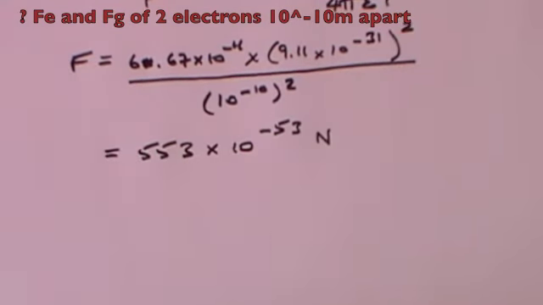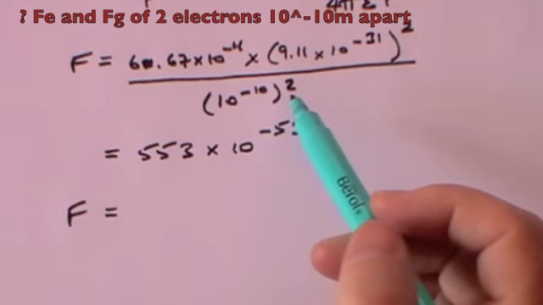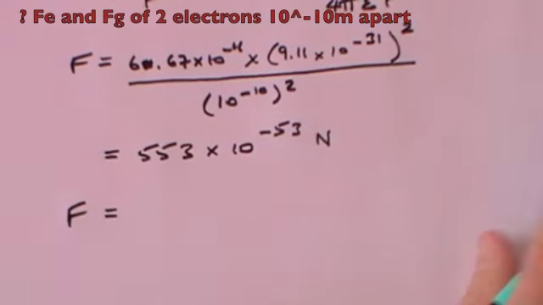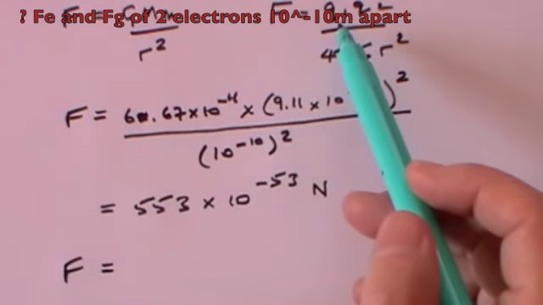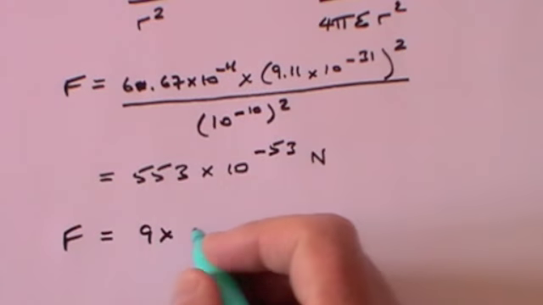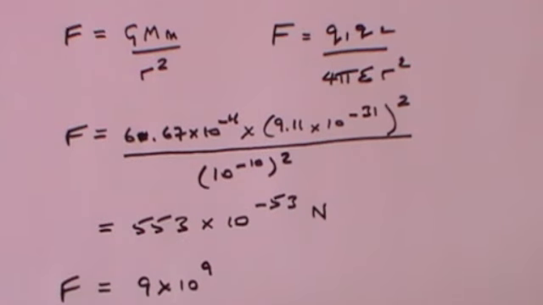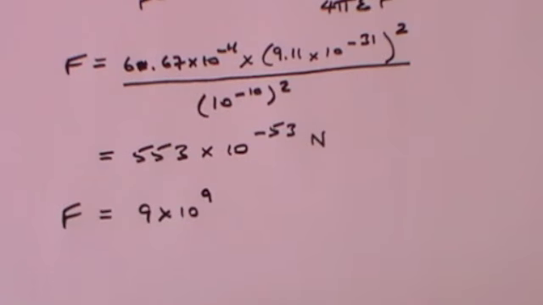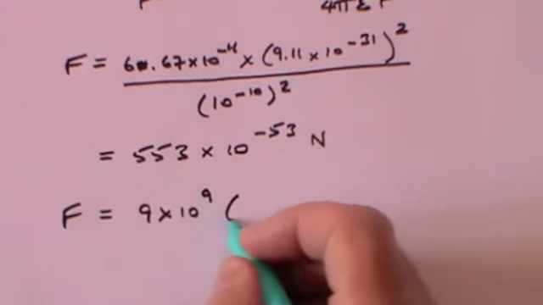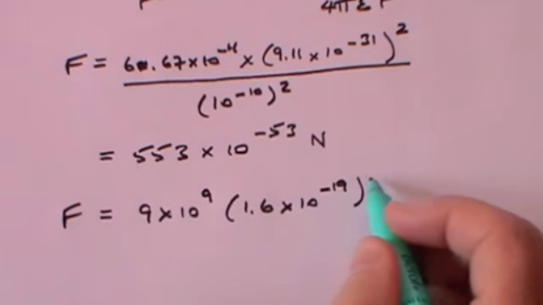Now we do the electric force, or the Coulomb force. Well, we've been told before that 1 over 4 pi epsilon 0 can be regarded as 9 times 10 to the 9. So that's taken care of the 1 over 4 pi epsilon 0. So now we need Q1 Q2, which is the charge on the two electrons. Well, that's 1.6 times 10 to the minus 19 coulombs squared.